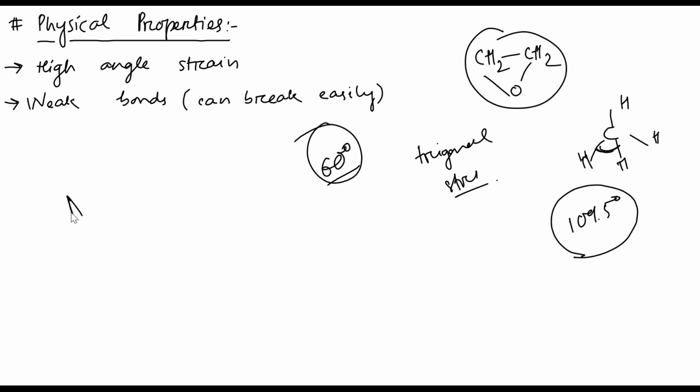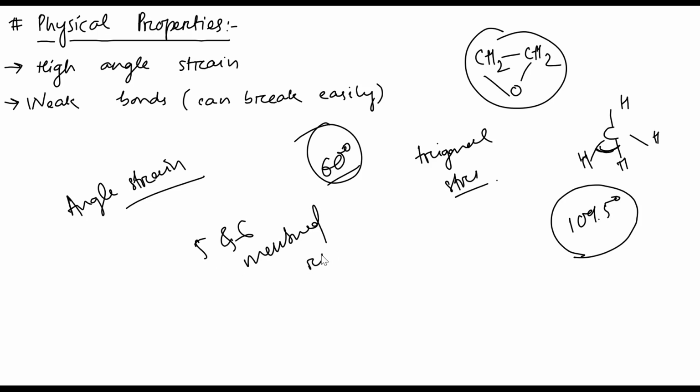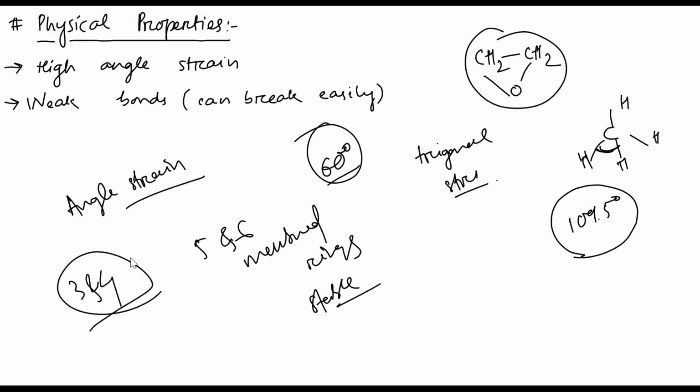So there is so much angle strain. Like if you see the cyclic rings, the 5 and 6 membered rings are comparatively stable, but the 3 and 4 membered rings are unstable. This instability is due to getting 60 degrees instead of 109.5 degrees. In the case of 4 membered rings, they are getting 90 degrees.